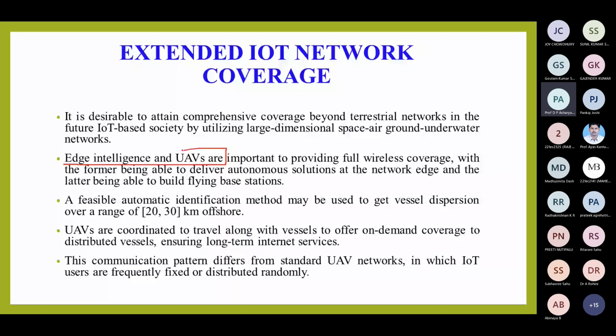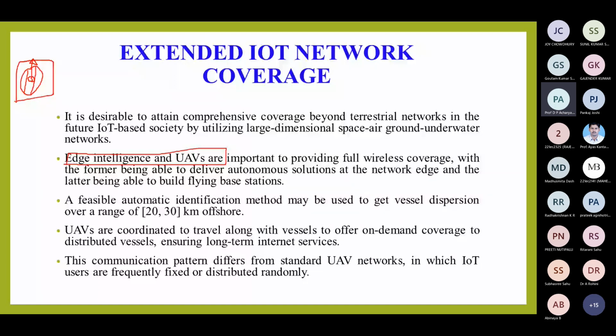Edge intelligence is what? When you are having one IoT node, that IoT node is having a part as a sensor, then a part as a processor, then a communication device. So this processor is capable of doing intelligent computation, and this IoT node is known as an edge device.